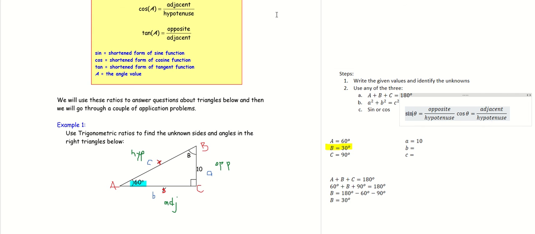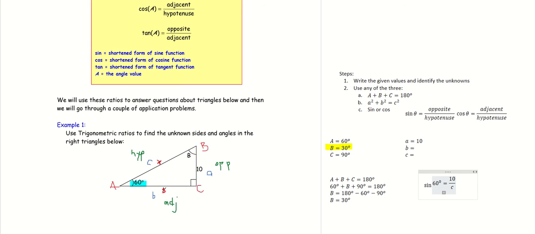Okay? So, let's do it. Let's just plug in sine 60 is equal to the opposite side of 60, which is 10, over the hypotenuse, which is C. So, how do you solve it?